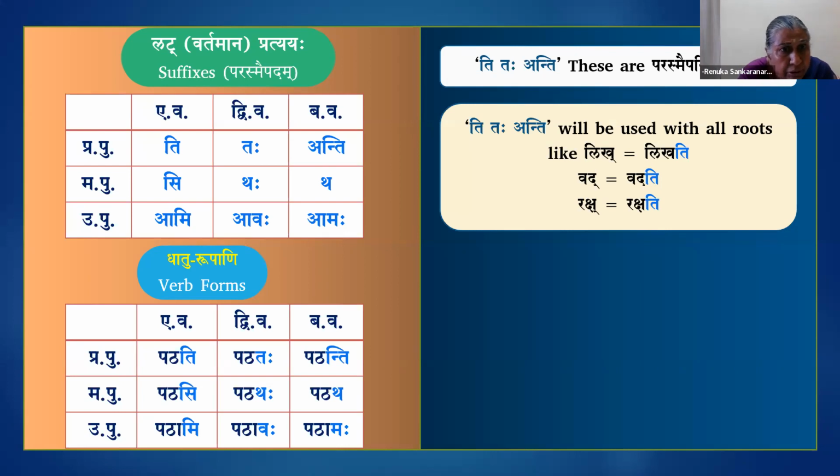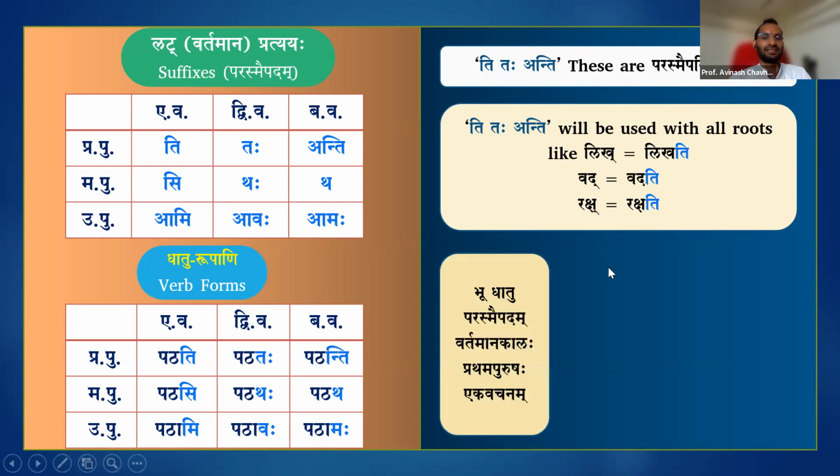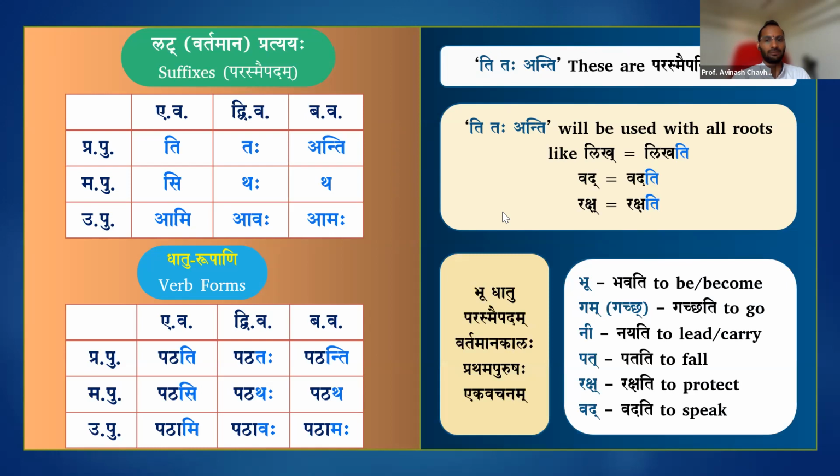Vadati, vadatah, vadanti, vadasi, vadathah, vadatha, then vadami, vadavah, vadamah. Good. Now the next one is rakshati. May I, Guruji? Yes, please. Rakshati, rakshatah, rakshanti, rakshasi, rakshathah, rakshatha, rakshami, rakshavah, rakshamah. Good. So in this way, we use the ti, tah, anti pratyayas.